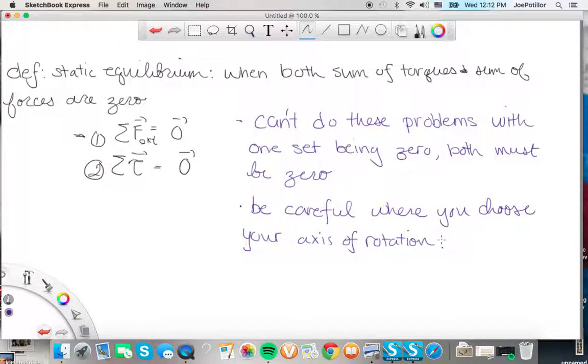Be careful where you choose the axis of rotation, because sometimes that will make the problem 1,000 times harder.